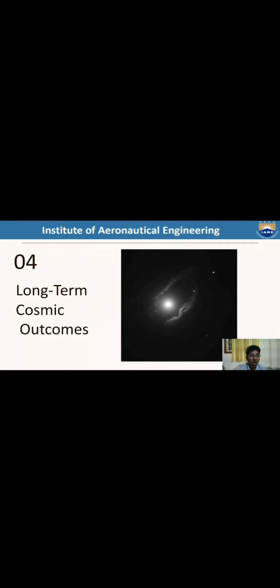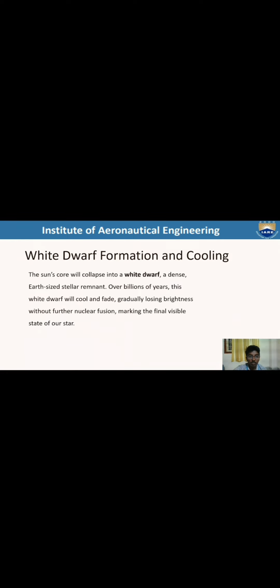Now coming to long-term cosmic outcomes, white dwarf formation and cooling. The sun's core will collapse into a white dwarf, a dense Earth-sized stellar remnant. Over billions of years, this white dwarf will cool and fade, gradually losing brightness without further nuclear fusion, making it the final visible state of a star.